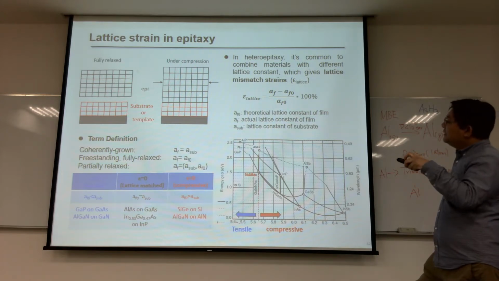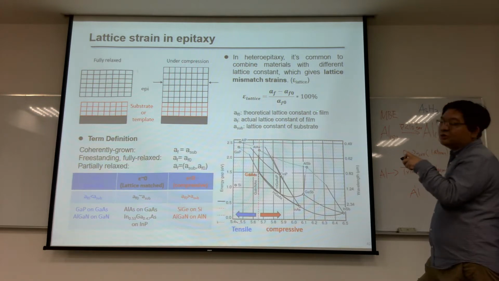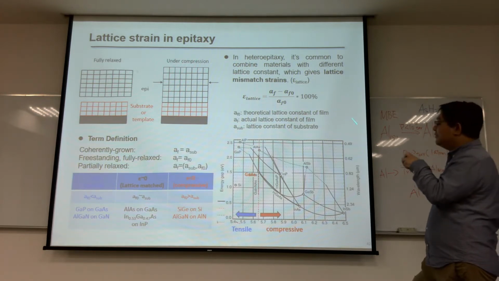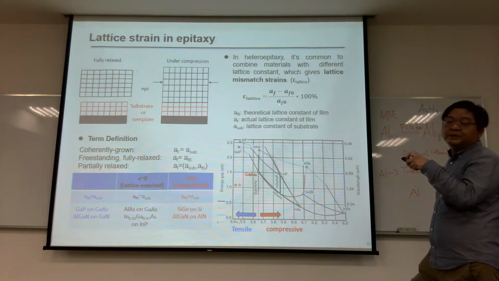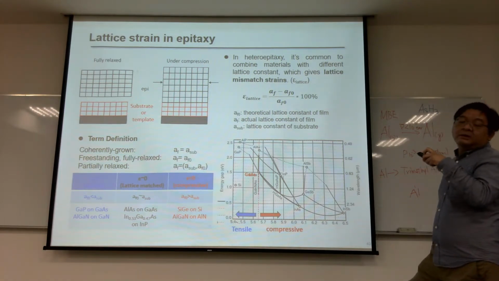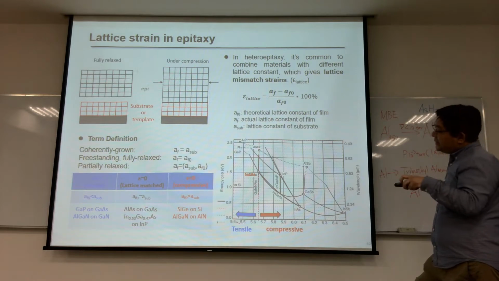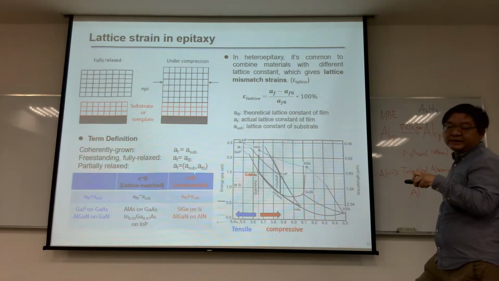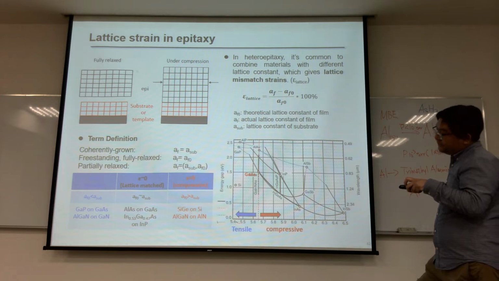And we will probably multiply by 100%, for a better looking number. So from here, it's a negative number, which means the material is under compressive strain.